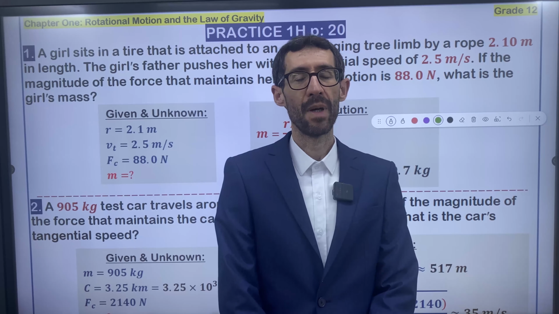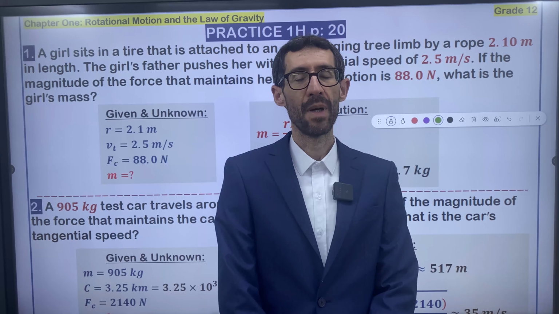But we don't need the circumference of the circle, actually. We need the radius of the circle, because in centripetal force we don't deal with circumference, we deal with radius. That's why whenever you divide the circumference of a circle by 2 pi, you can find the radius directly, right? That's why this information is the circumference.